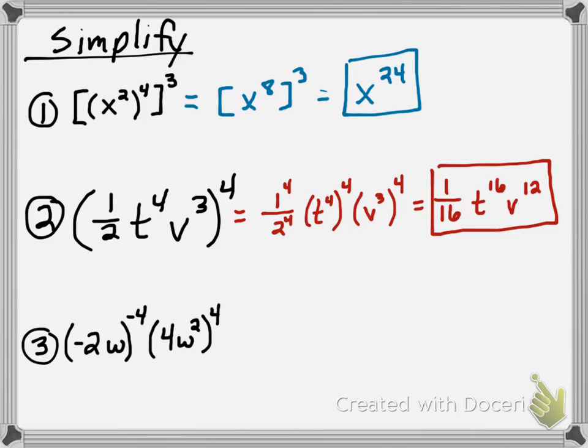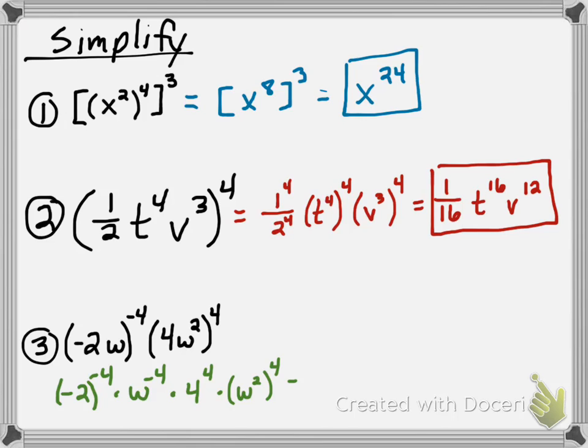Okay, so I have negative 2 raised to the negative 4th power times w raised to the negative 4th power. That takes care of this parentheses. Now for this one, I have 4 raised to the 4th power times w squared raised to the 4th power. Now I can simplify each of these.